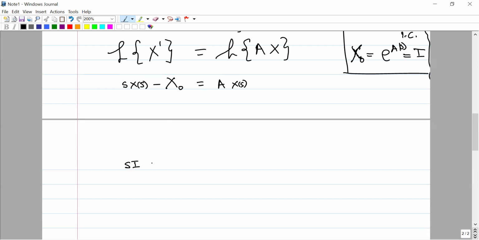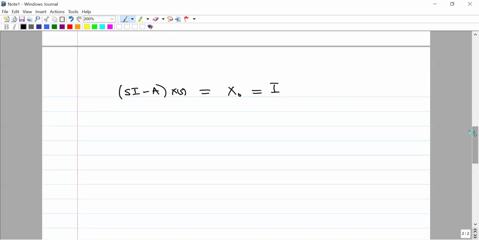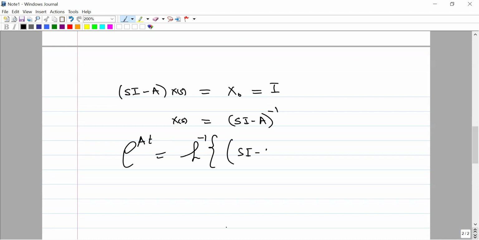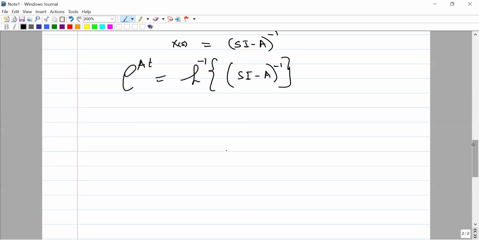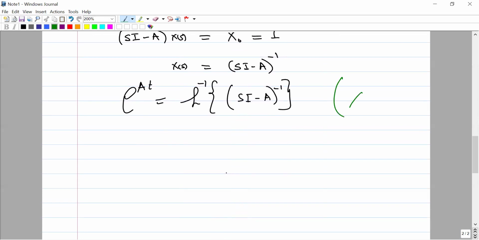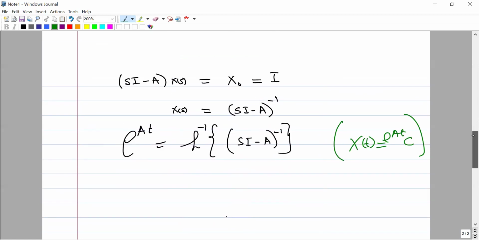So I now have sI minus A times x of s equal to x naught, but we know this x naught is actually equal to I. Then it leaves us with x of s equals the inverse of sI minus A. And then your e to the power At will then be the inverse Laplace transform of the inverse of sI minus A. So once we get this, we know that we can write our solution as e to the power At.